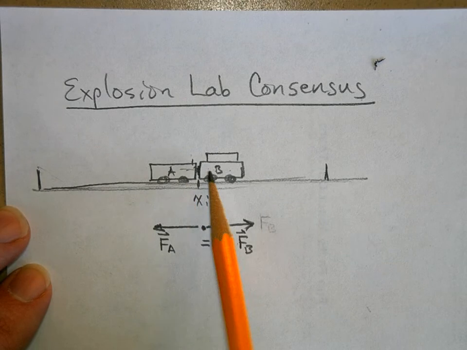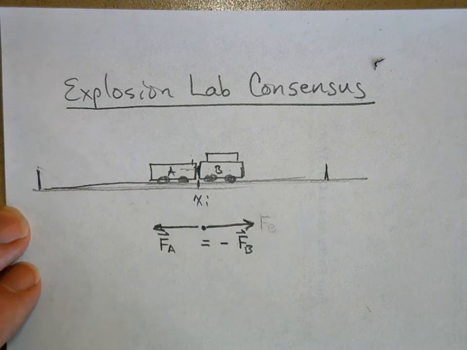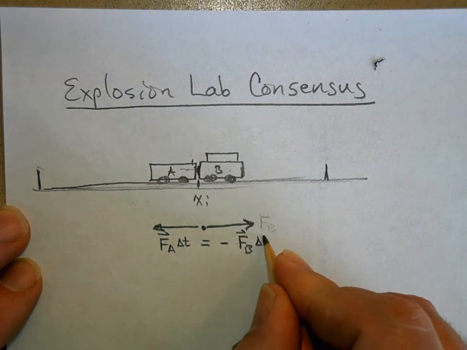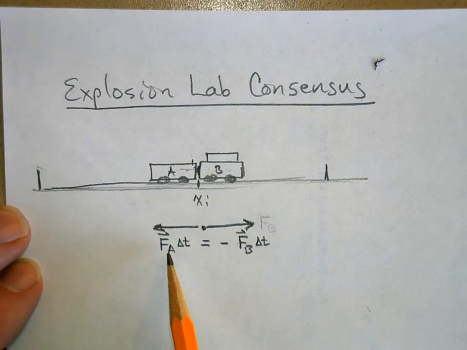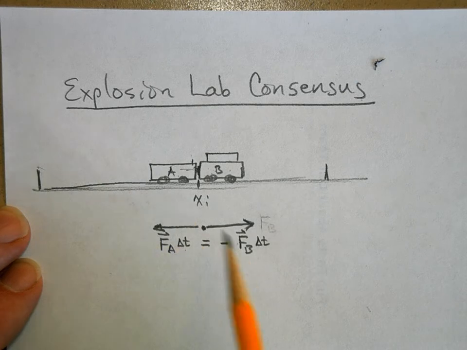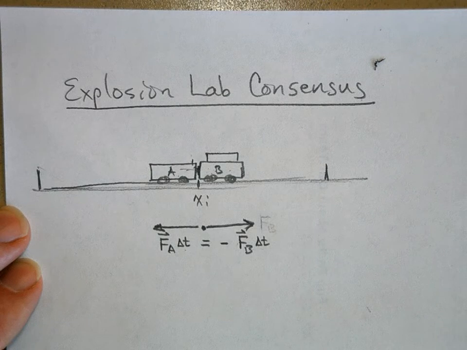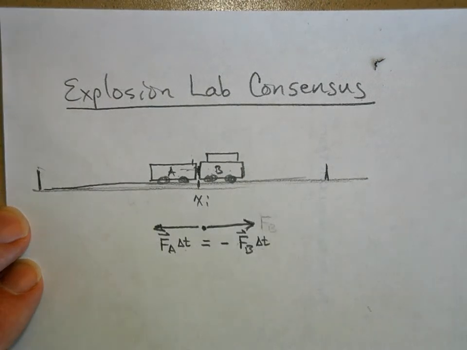Now, because they are in contact with each other, these forces apply for the same little tiny duration of time. We'll call that delta t. So the force times the time on car A is equal, but in the opposite direction to the force times the time on car B. Now, this depends on two theorems.